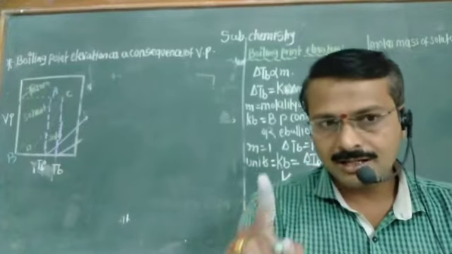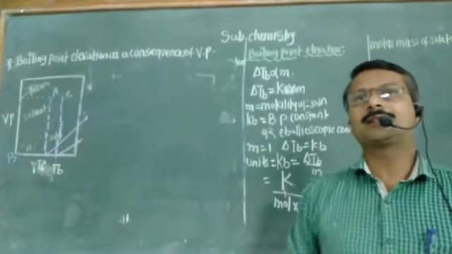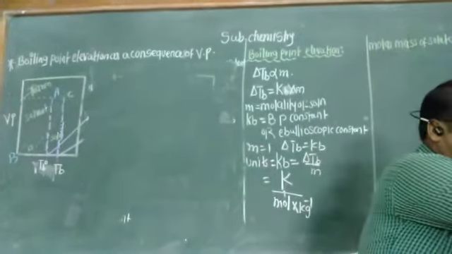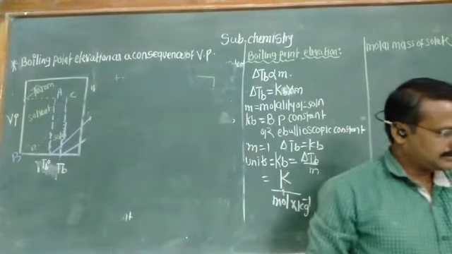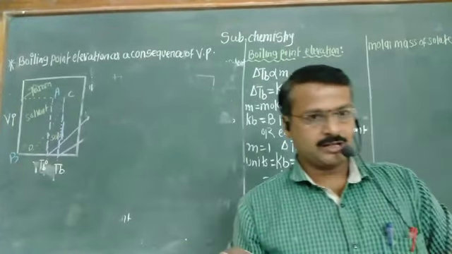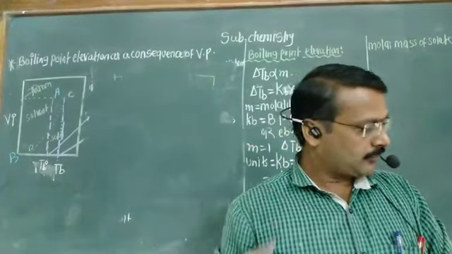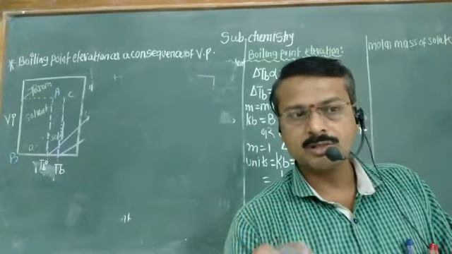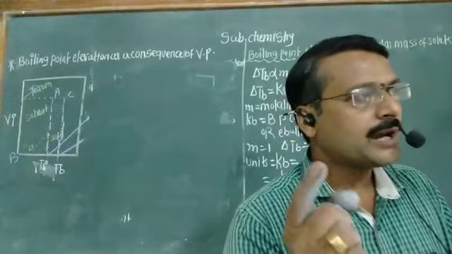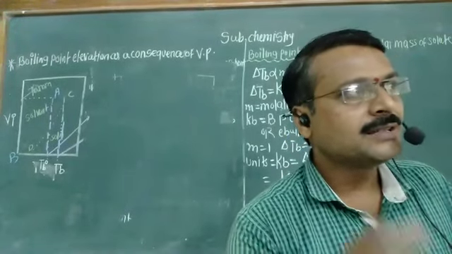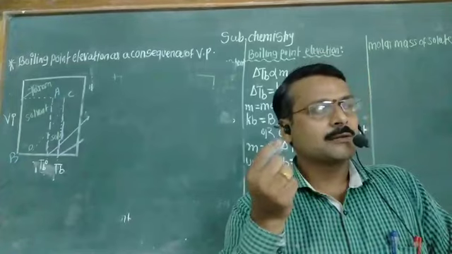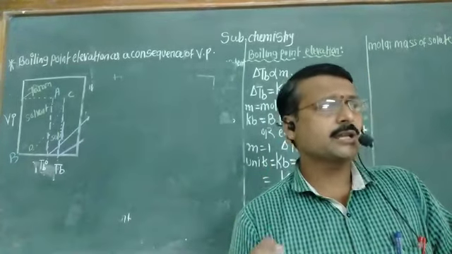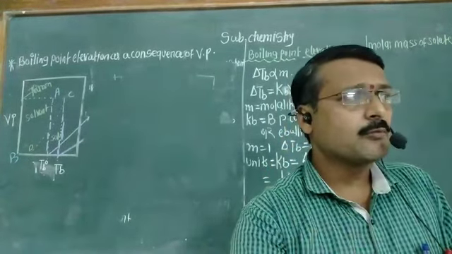The boiling point is found for a liquid. So the definition is: the boiling point of a liquid is when its vapor pressure is equal to 1 atmosphere. When the vapor pressure of that liquid is 1 atmosphere, that temperature is the boiling point of that liquid.